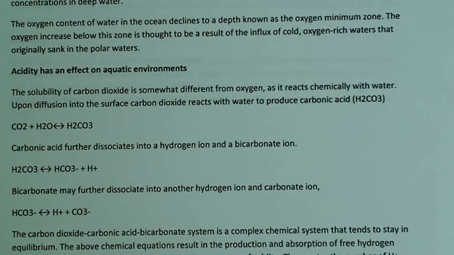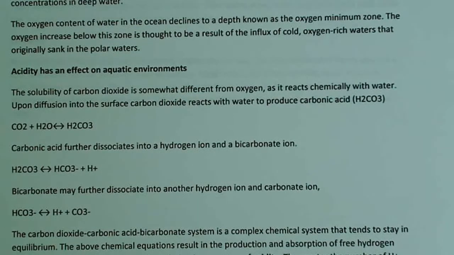Okay, so that's carbonic acid, which further dissociates into a hydrogen ion and a bicarbonate ion. So H2CO3 goes to HCO3- plus H+. And then the bicarbonate may further dissociate into another hydrogen ion and a carbonate ion.